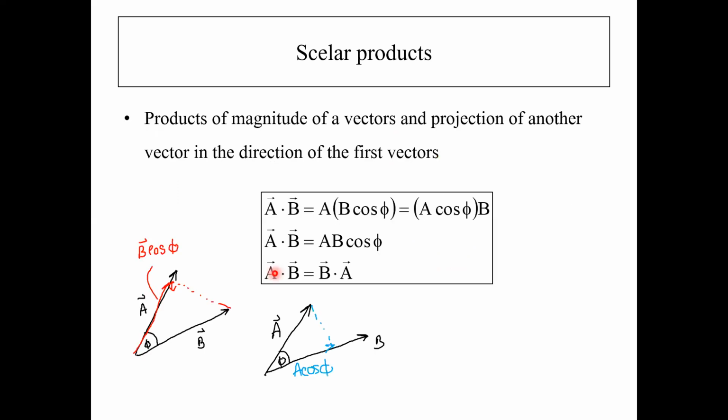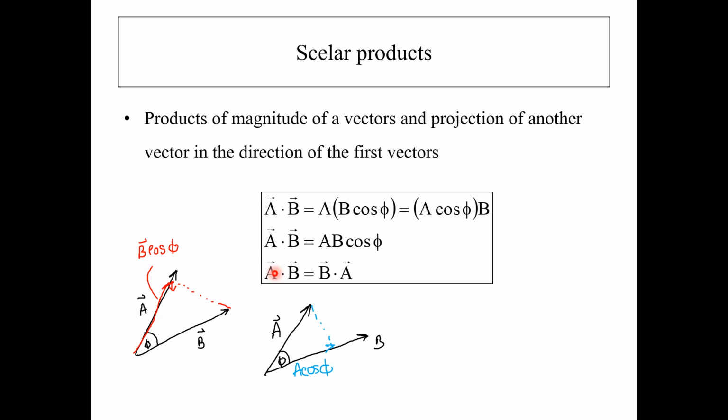A scalar product is a projection of one vector along the other vector and then making a multiplication. So A dot B means A times B in the direction of A, or B times A in the direction of B.